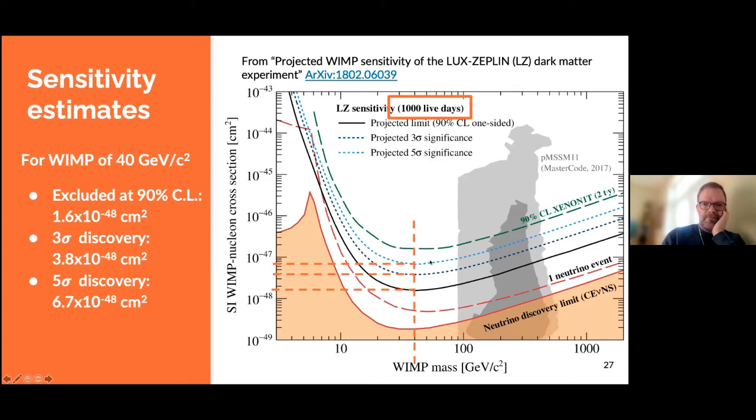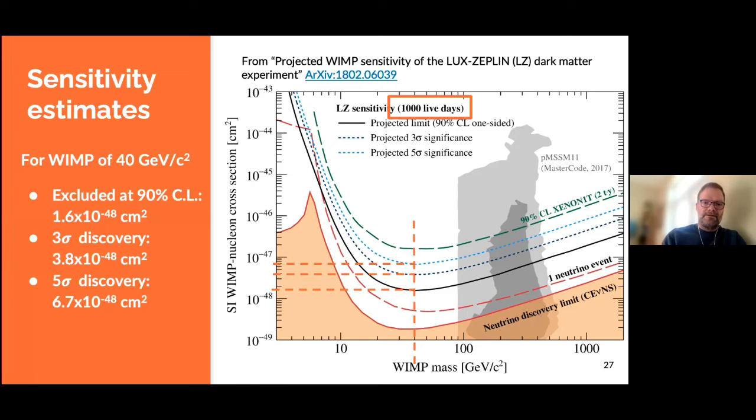Obviously they are weaker than the 90% confidence level limit that is usually set, but they are still below the current best limits. So there is a region of parameter space where, if we're lucky, we may have a discovery.